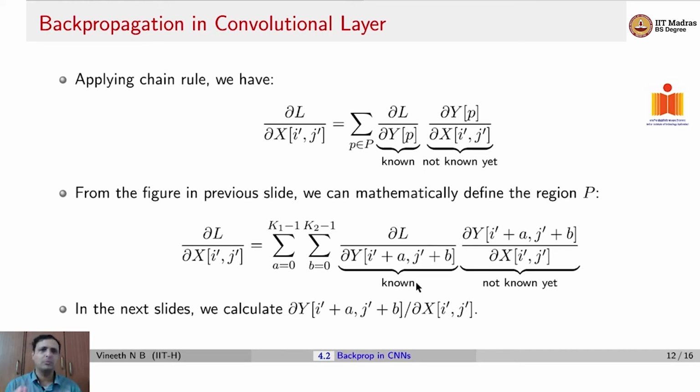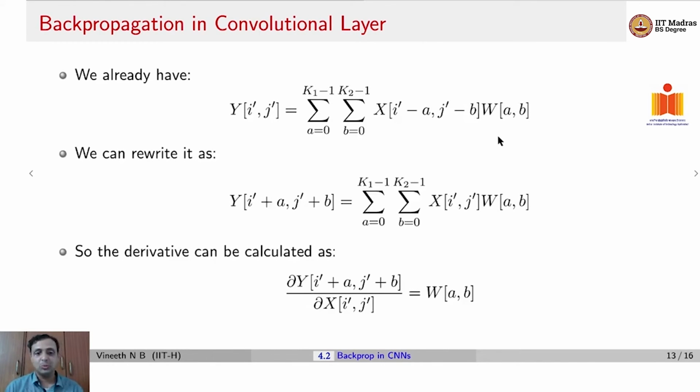We are only worried about how to compute the backprop across a single convolutional layer. If there were more convolutional layers, the same procedure would be applied iteratively. But the second quantity here, ∂y at i' + a and j' + b with respect to x at i', j', is currently not known to us. Let's try to compute this on the next slide.